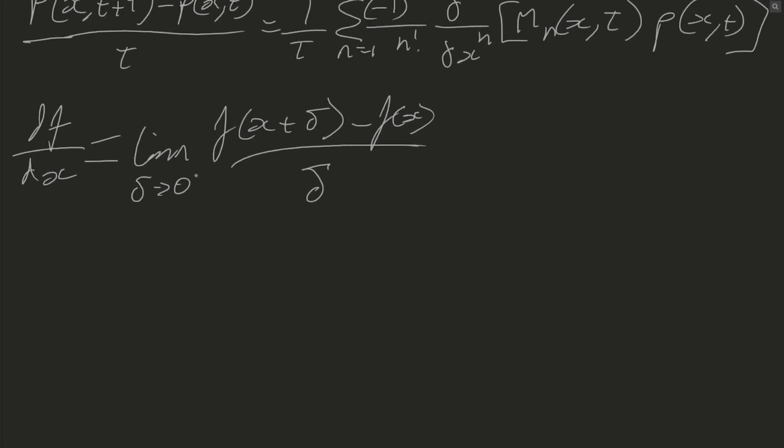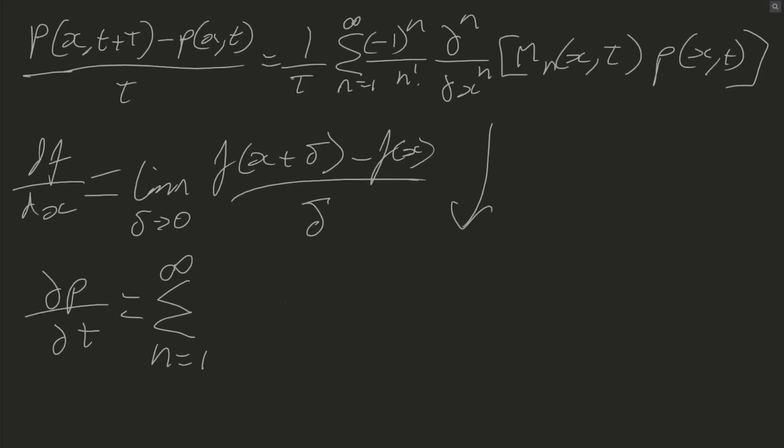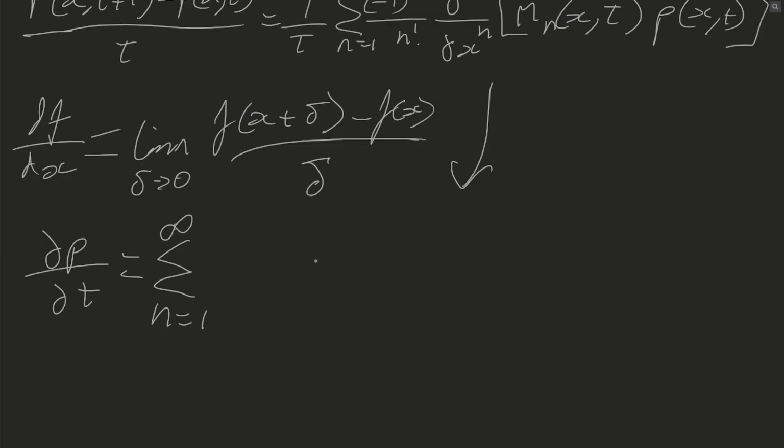So by definition then we can say that this just becomes the partial derivative of p, because p is a multivariable function, is equal to the sum from n equals 1 to infinity, and on the right hand side we just move the 1 over tau factor inside of our derivative.